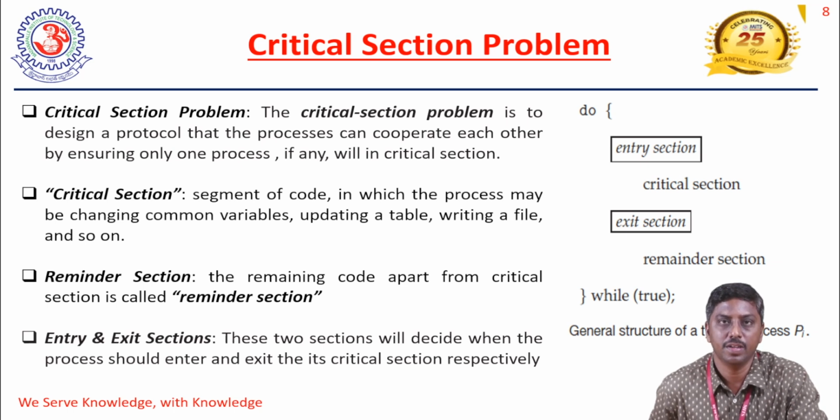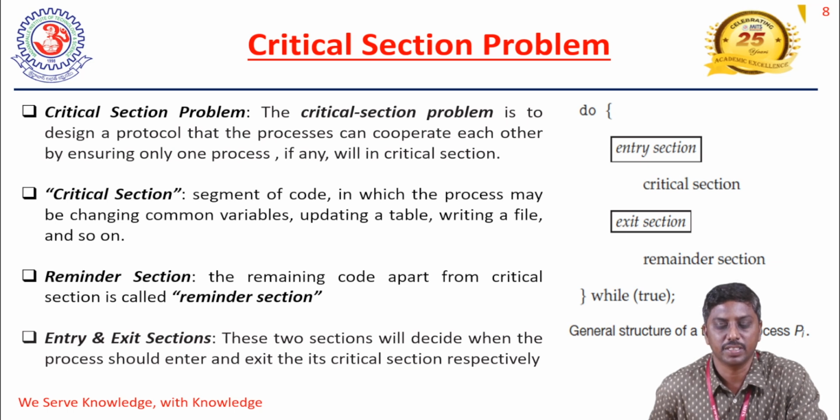So when more than one cooperating process is running in the system, I need to create a protocol that always ensures that only one process will be in its critical section. So I am defining one more term, called critical section.